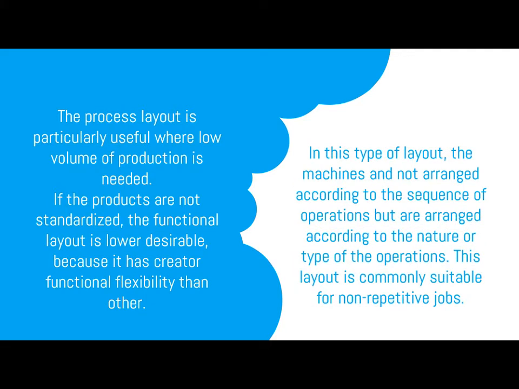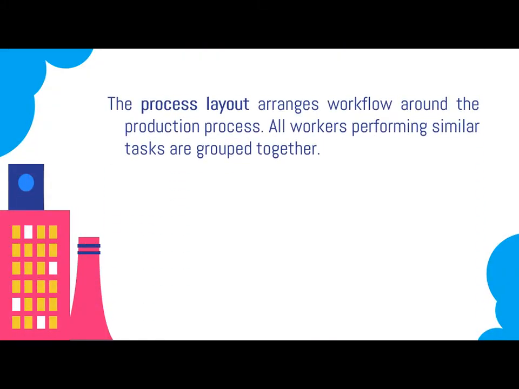In this type of layout, the machines are not arranged according to the sequence of operations, but according to the nature of the type of operations. This layout is commonly suitable for non-repetitive jobs. The process layout arranges workflow around the production process.